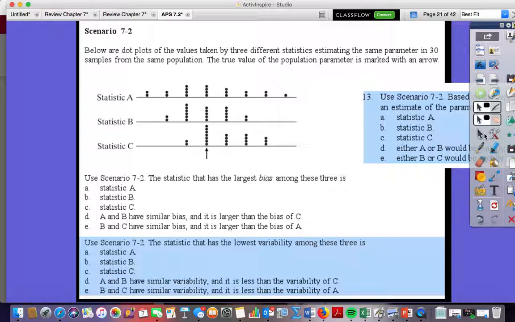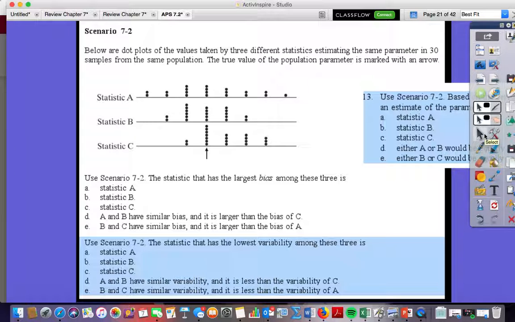Number 2, the statistic that has the lowest variability among these 3, definitely not A, right? I would say that B and C are pretty doggone similar. They have a pretty similar range, pretty similar deviation. So I would say that B and C, which is answer E, would be the correct answer. Wait, what? Say that again.